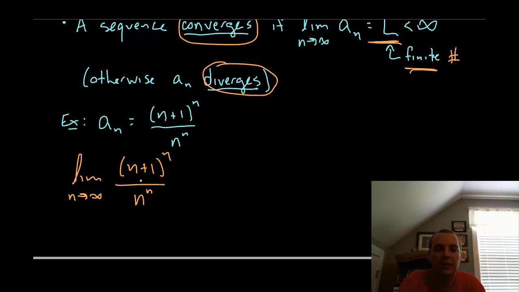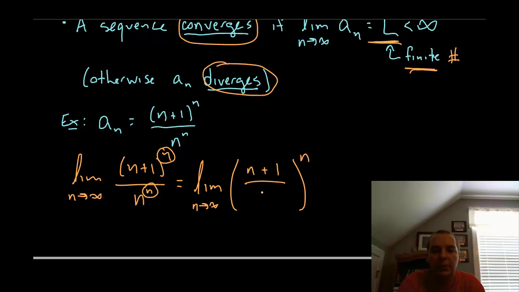Nothing really jumps out except for the fact that this is raised to the nth power and so is this, so maybe we could combine those into a single expression. The limit as n goes to infinity of n plus 1 over n, all to the nth power. Now, just to save a little space, n plus 1 over n could actually be reduced down as well. I'm just going to do it right here. n over n is 1, plus 1 over n.